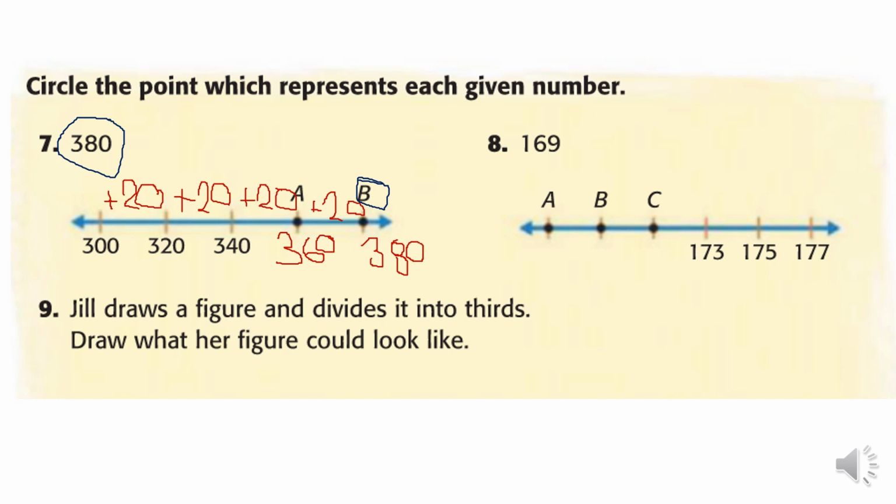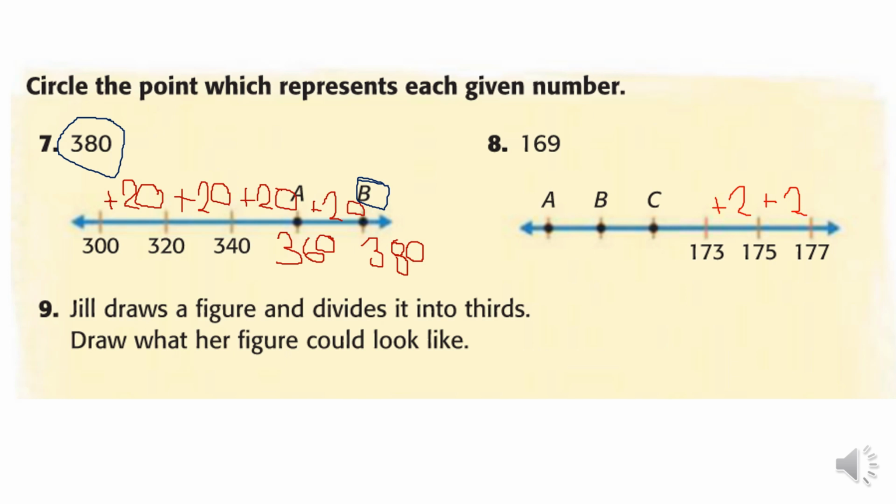Okay, so in the number 8, you have 173 and 175 and 177. How much are they skip counting by? They skip count by 2, and 2, and 2, right? If they're adding 2 each time, then they're also subtracting.